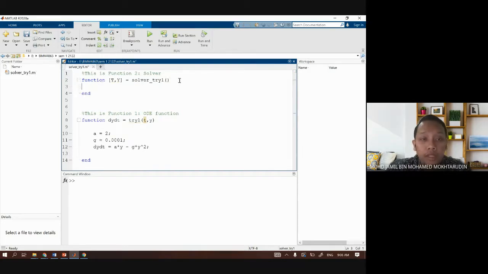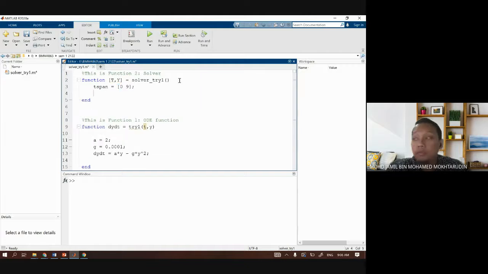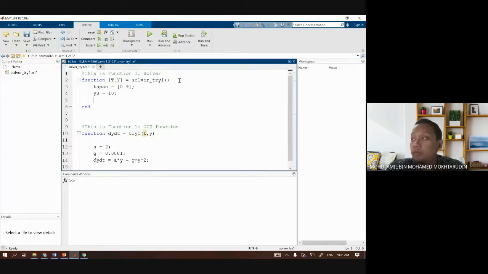In function number 2, you first write your time span, from time 0 until 9. Then your initial condition, which equals 10. And then you write your ODE solver.